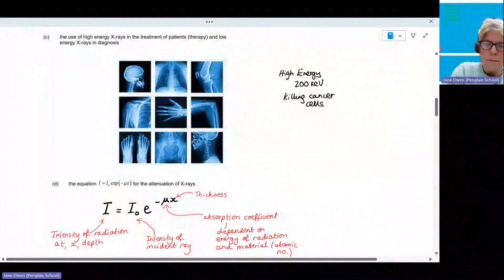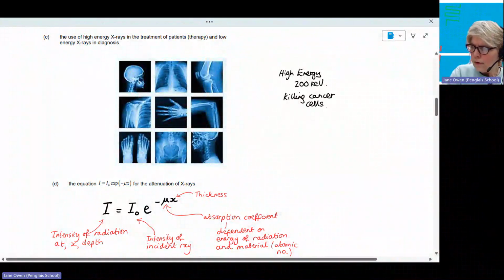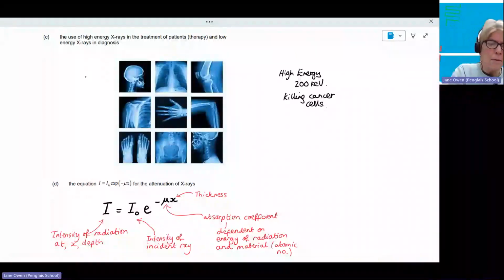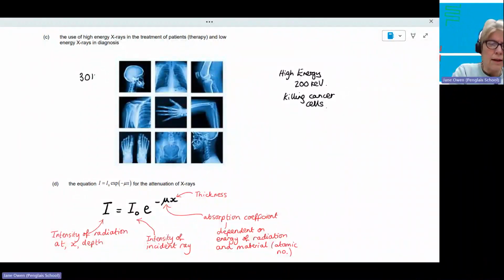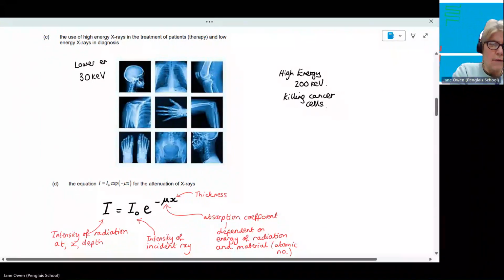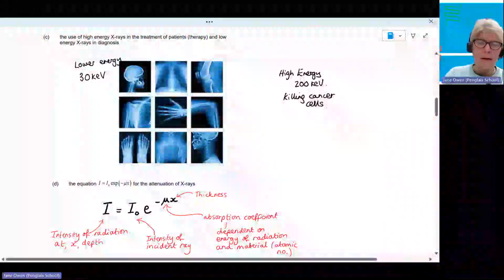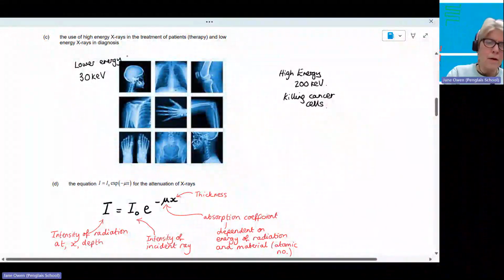as radiotherapy, and internal imaging is using around 330 kiloelectron volts, so low energy X-rays.